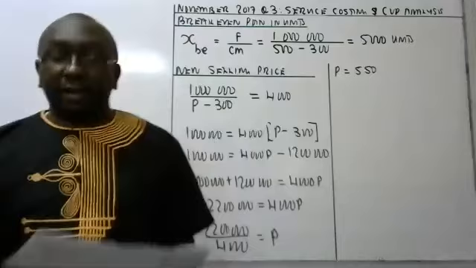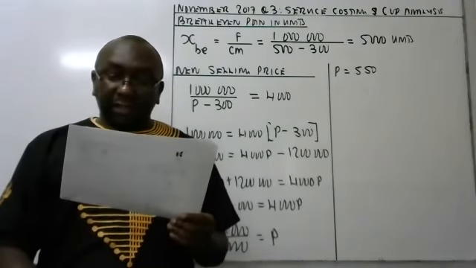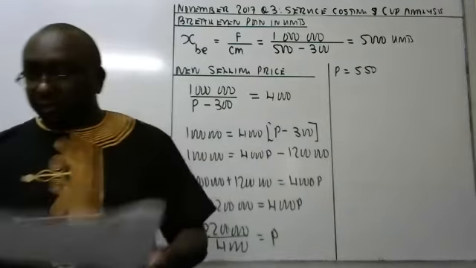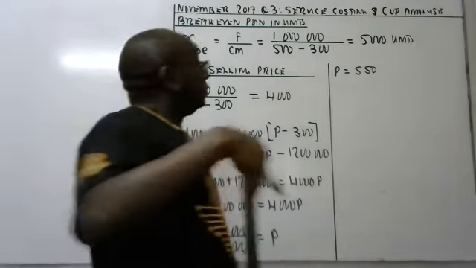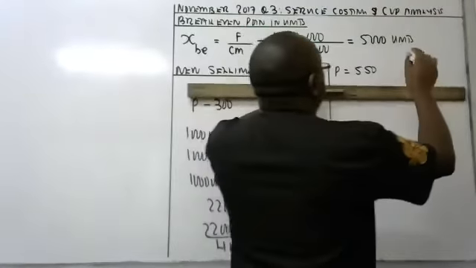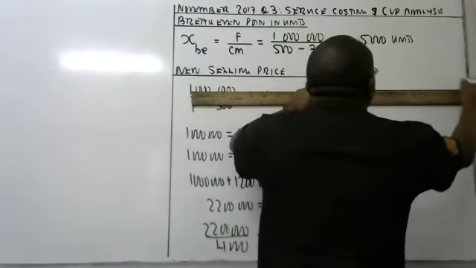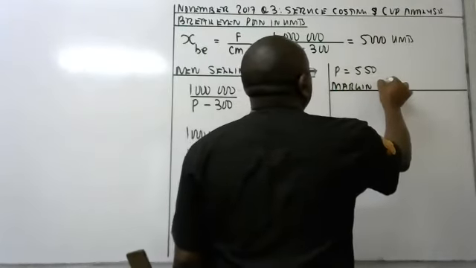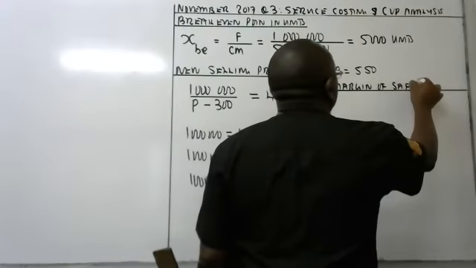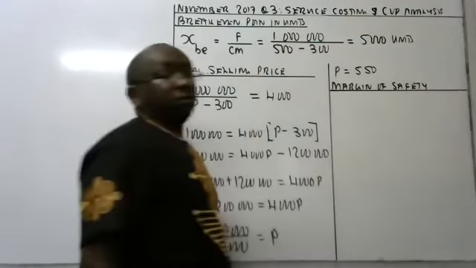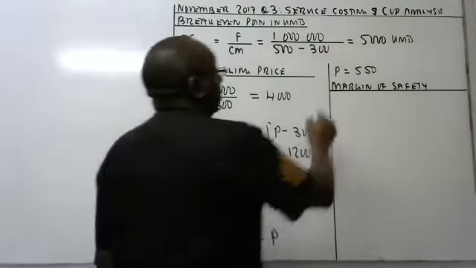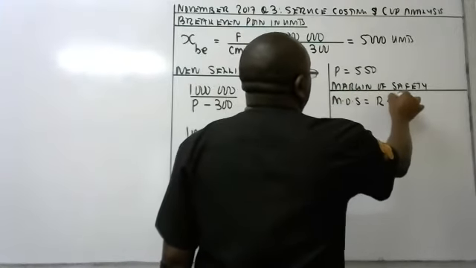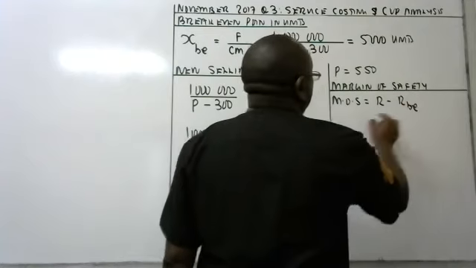The next thing is, if the present sales volume is 4 million shillings, compute the margin of safety. So margin of safety, MOS, is equal to R minus R_BE.